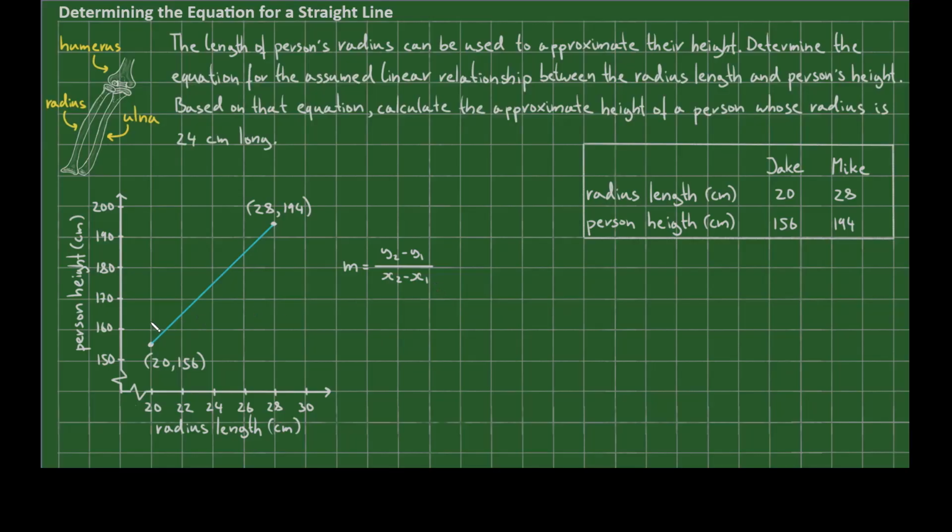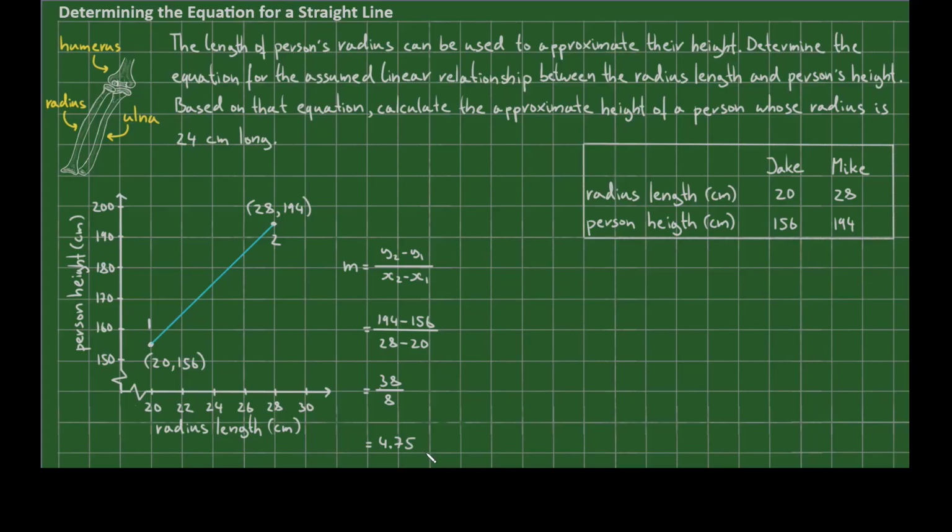I'm going to make Jake point 1 and Mike point 2. That means that I will have 194 minus 156 over 28 minus 20. And that will give me 38 over 8, which is the same as 4.75.